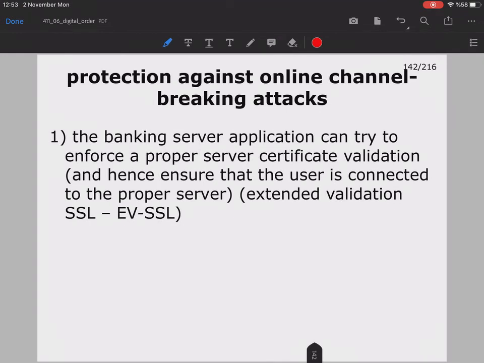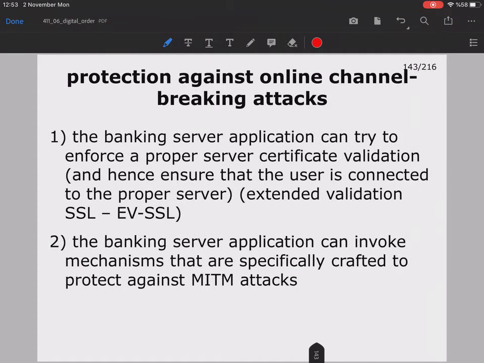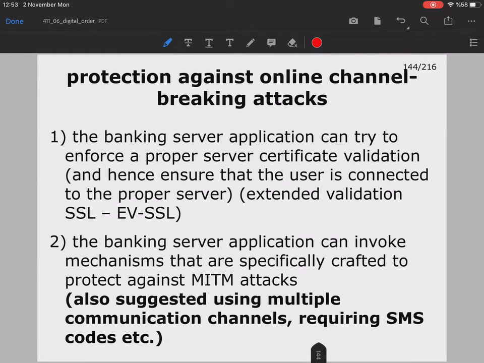And the first one is that the banking server application can try to enforce proper server certificate validation, so it ensures that the user is connected to the proper server. So they are using extended validation SSL, EV SSL being the abbreviation of it. And the banking server application can invoke mechanisms that are specifically crafted to protect against man-in-the-middle attacks as well.